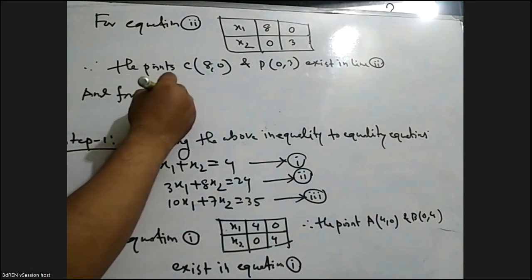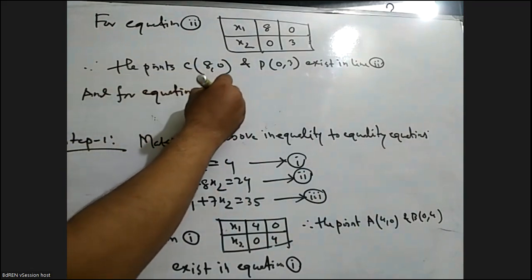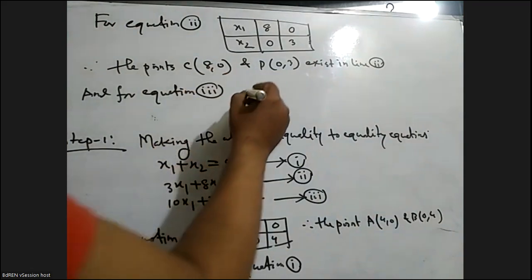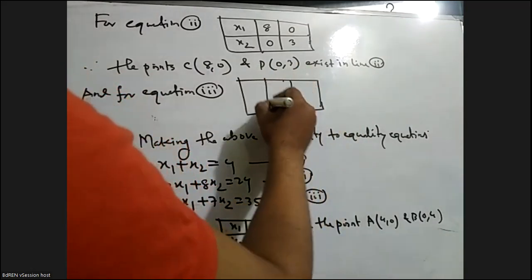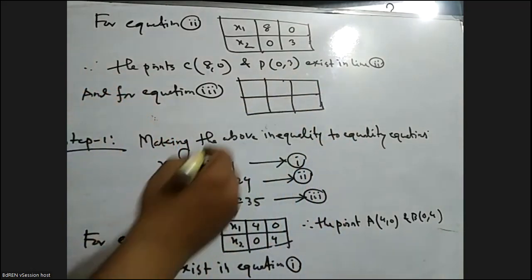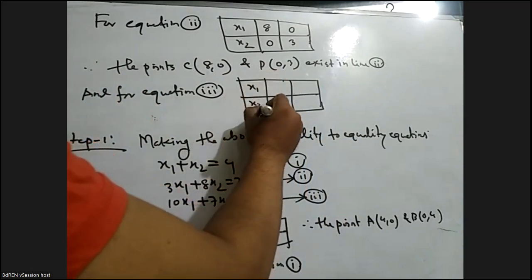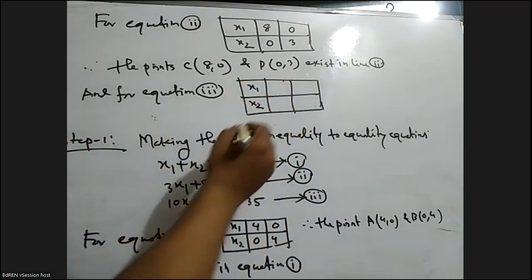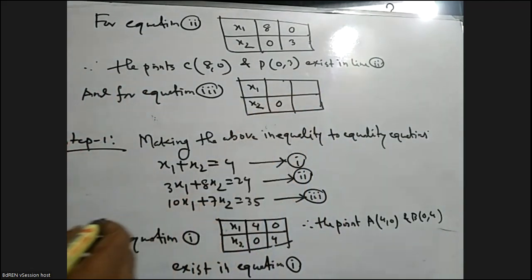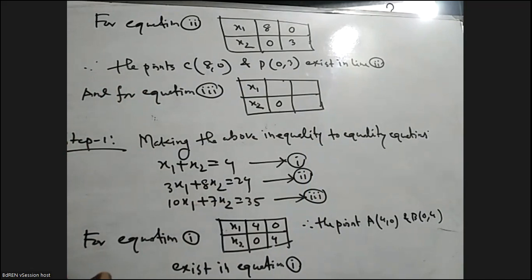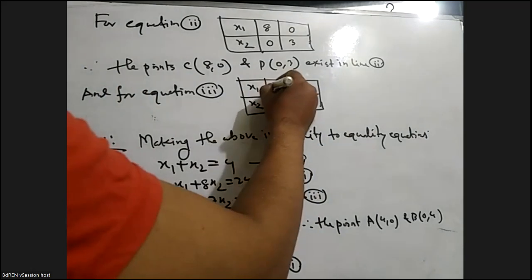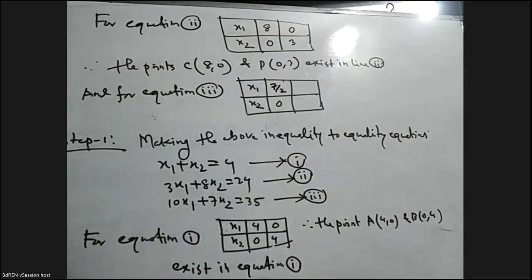And for equation 3, you can draw the same box for finding the points x1 and x2. If x2 equals 0 in equation 3, then we get x1 equals 35 by 10, that means 7 by 2.